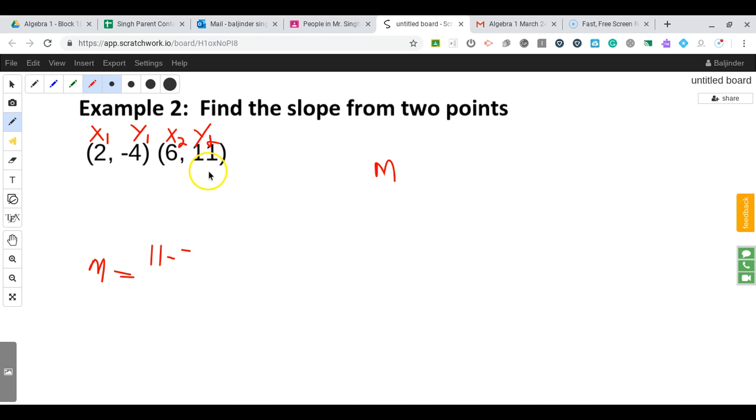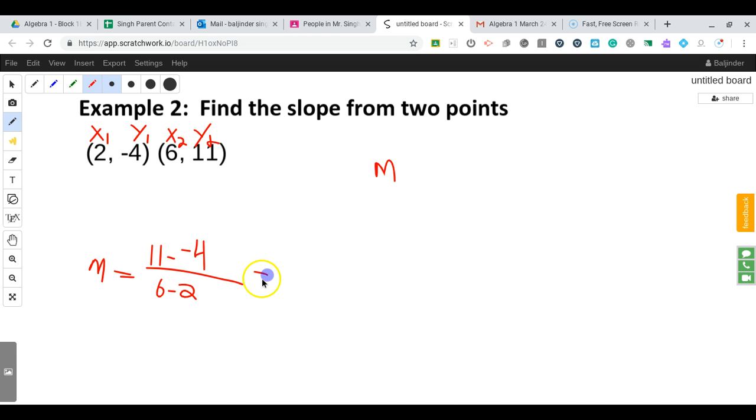So 11 minus negative 4 over x2, which is 6, minus 2. So x2 minus x1.